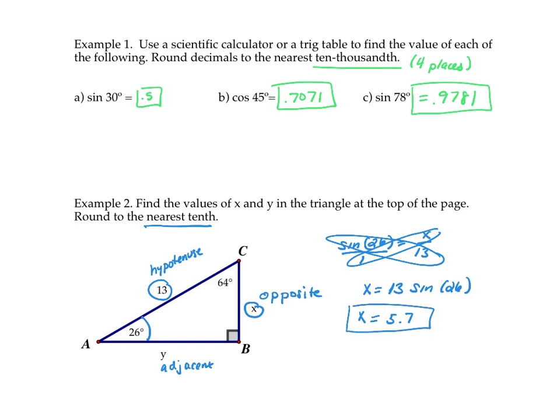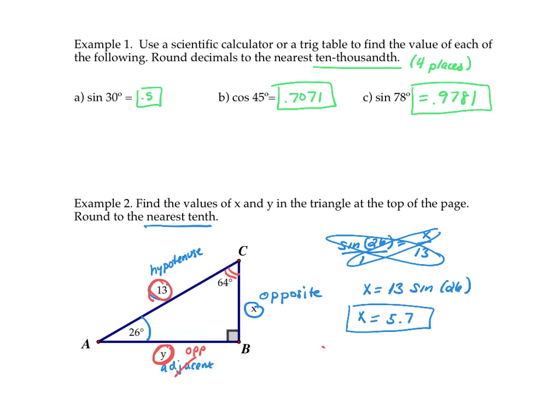Okay, next we're going to solve for the 64-degree angle. So I'm going to mark it in red. For 64 degrees, we want to work with the side y and then the hypotenuse. So the y is actually opposite my 64-degree angle.